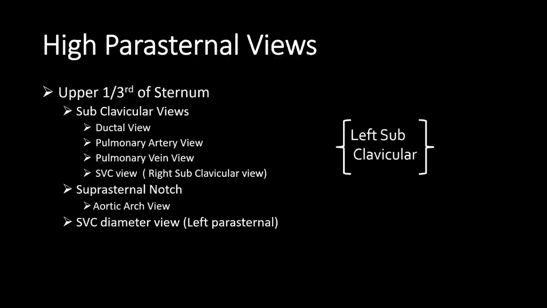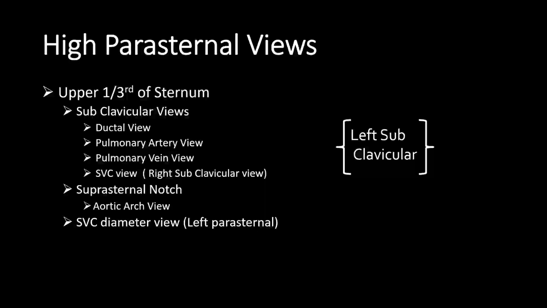Then we rotate the probe from 11 o'clock to 1 o'clock at the same nipple line. We cut the heart in short axis in cross section. We start from the base of the heart, so we get a cross-sectional view from the root of the aorta, and that is what we call the Mercedes-Benz view.